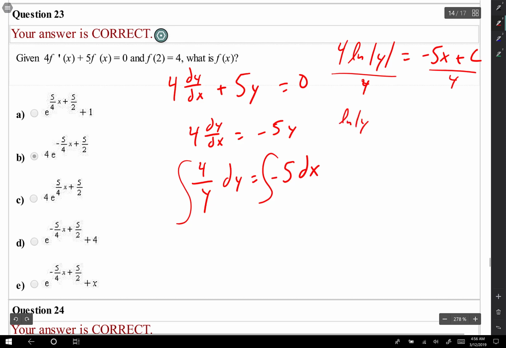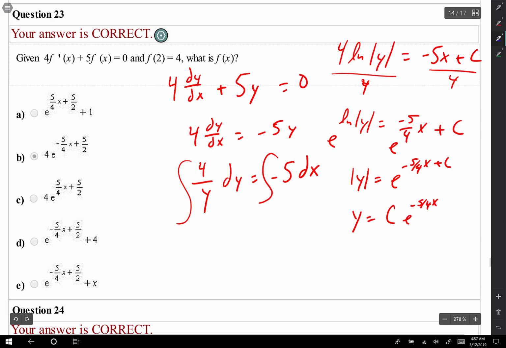So ln absolute value of y equals negative 5/4 x plus c, because a constant divided by 4 is still a constant. I'm going to do e and e. So I have absolute value of y equals e to the negative 5 fourths x plus c. But I can rewrite this. I'm going to write it as y, guys, and I'll explain in a little bit. I'm going to rewrite this as c e to the negative 5 fourths x.